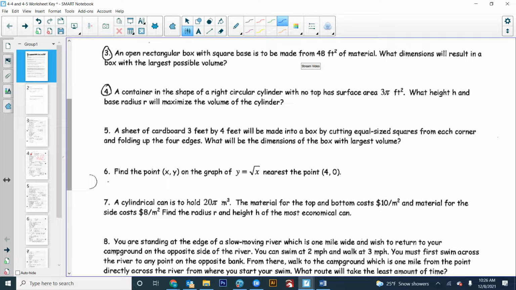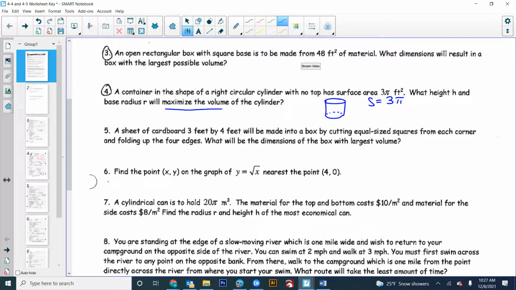Do you know what we talked about a right circular cylinder, didn't we? Okay, good. With no top. Has a surface area of 3 pi square feet. What height and radius will maximize the volume?